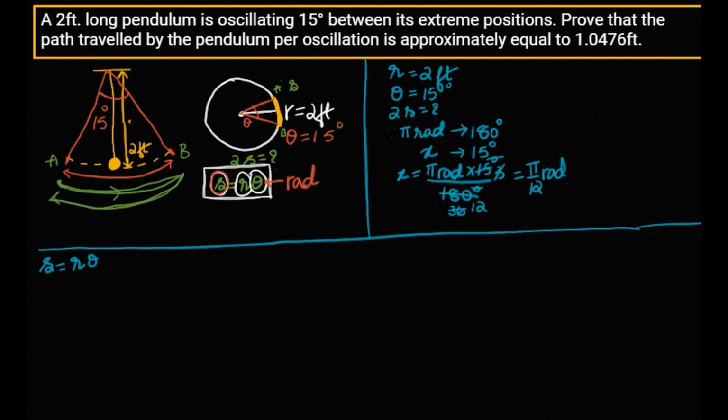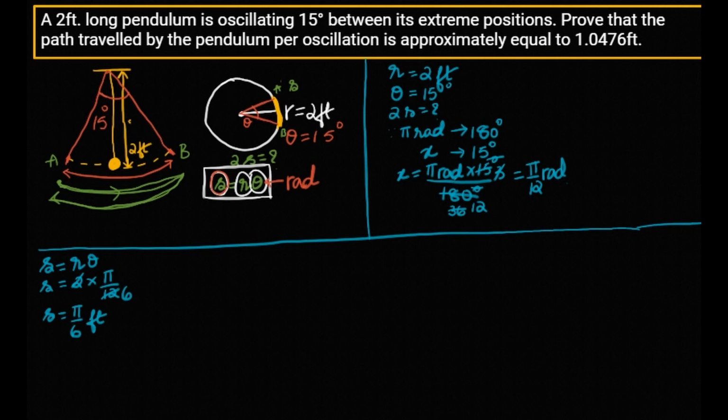So therefore, when you substitute the values, we get 2 feet into pi by 12 radians. So 2 into 6 is 12. So we get the value of s to be equal to pi by 6 feet. Feet because the length of the pendulum is given in feet.